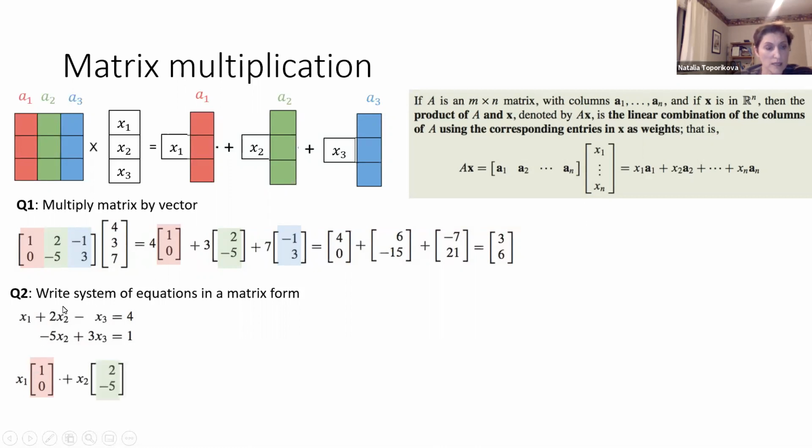Then we continue with the second element, x2, and isolate our multipliers as columns, and do the same for x3. Again, I'm using color coding to make it easier for you to combine them together. Finally, for the right-hand side, we just put it in a single vector.